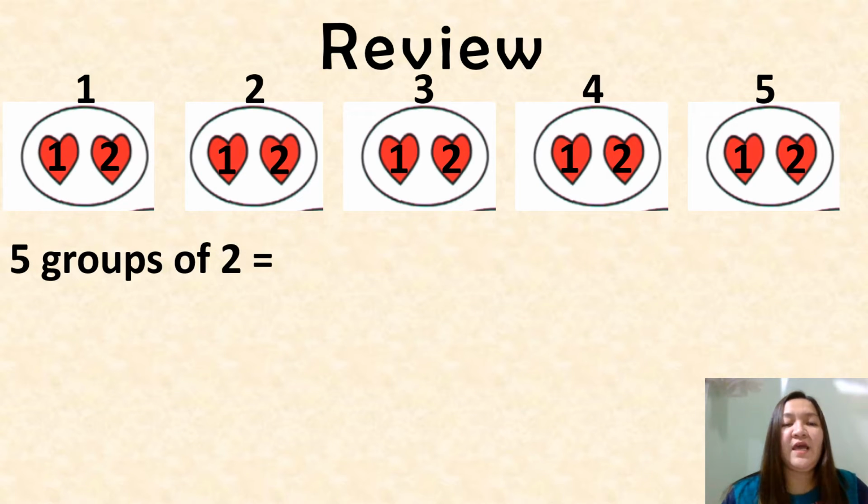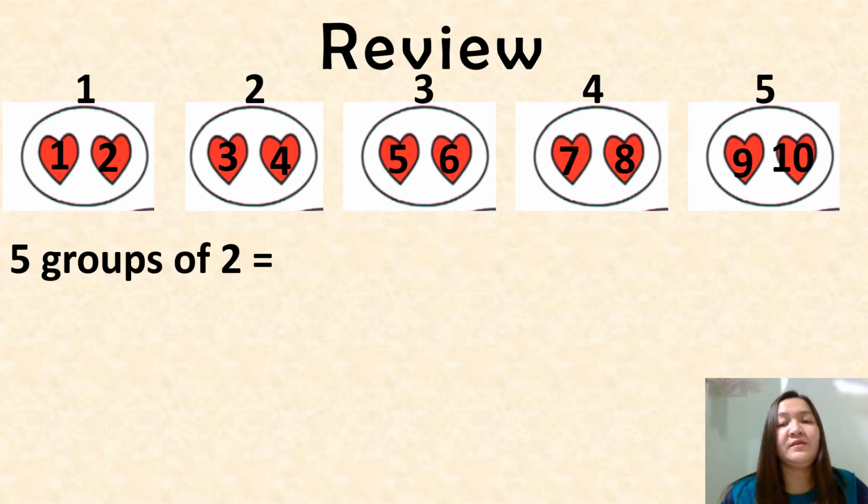So we can say 5 groups of 2 is equal to how many altogether? 1, 2, 3, 4, 5, 6, 7, 8, 9, 10.